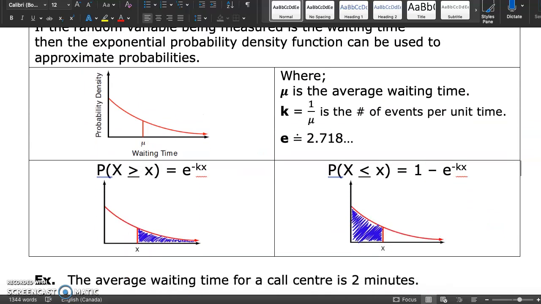So, one last point. All we need to know is the mean waiting time. And the distribution is as follows. It'll be highly likely that it happens in a shorter period of time, but there's a horizontal asymptote on the right-hand side because in theory you could have any length of time being possible for a waiting time.